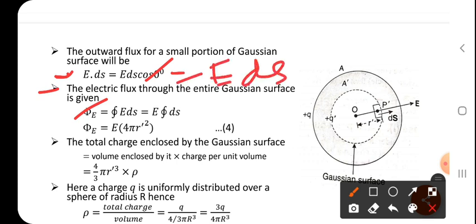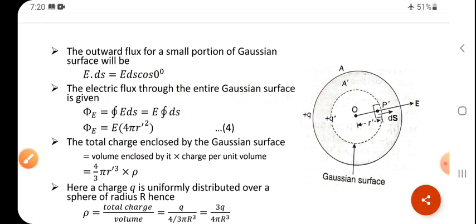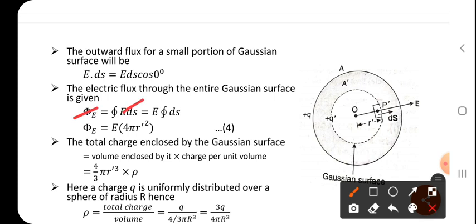So E dS can be written as phi is equal to the sum of d phi for small areas. d phi is equal to E dS. Integrating on both sides, the differential and integration cancel on this side, so phi is equal to integral of E dS.